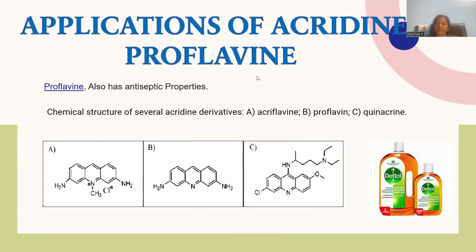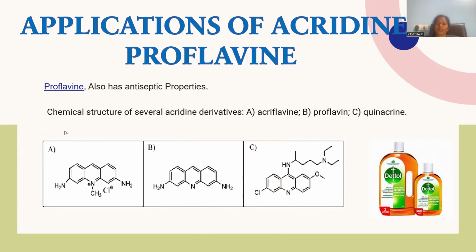Here, proflavin, which we already observed in the significance of acridine, is an antiseptic agent, just like Dettol. Dettol is a disinfectant, right? Every time after doing any kind of work, before going to a meal, we are supposed to wash our hands in order to remove the microbes. That is the disinfectant, antiseptic property.